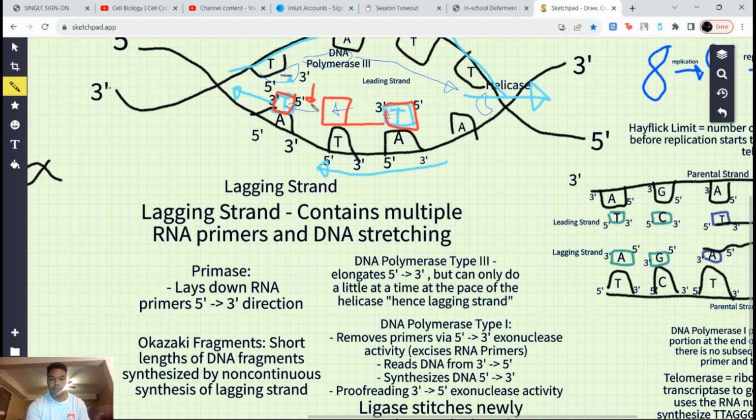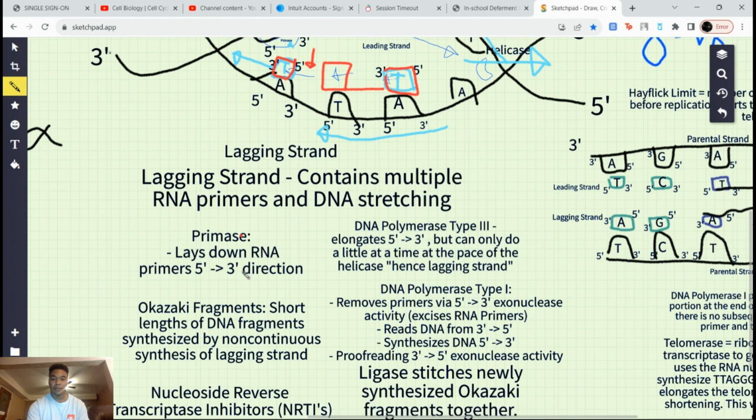They're not connected because if you excise something, it's fragmented. So that is called the Okazaki fragment. The newly synthesized DNA on the lagging strand is non-continuous because DNA polymerase 1 was excising all of those primers, making the strand non-continuous.